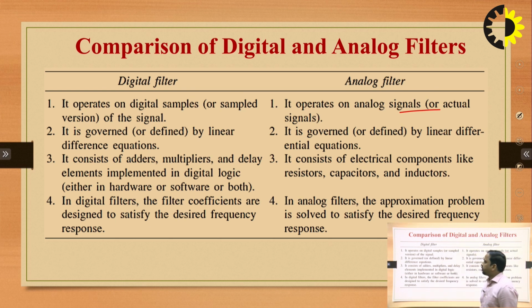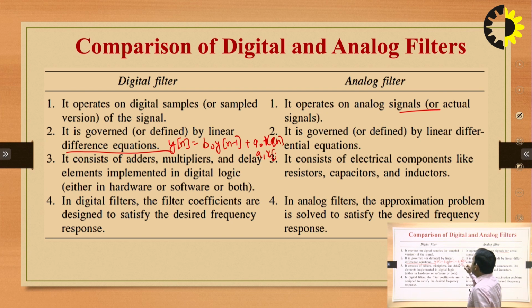Next point: the digital filter is governed by a linear difference equation. What is the difference equation? Something like this: y[n] equals b0 times y[n minus 1], because it is recursive, plus a0 times x[n] plus a1 times x[n minus 1], something like that.